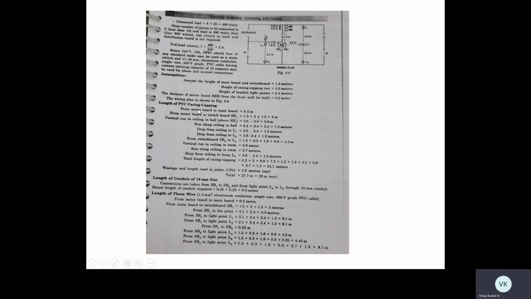Now go for the length of casing and capping from the main board to meter board. Here the required length is 0.2 meters, so the casing and capping required is also 0.2 meters. From meter board to switchboard 1, it is 2 meters plus 1.5 meters.